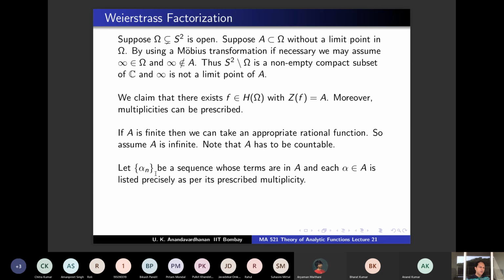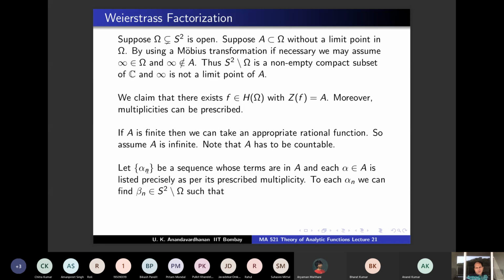So now we are going to take certain elementary factors so that the zeros will be precisely the alpha n's. That's enough, no? Because multiplicities are accounted for, since I'm repeating the alpha n's. So to each alpha n, we are going to construct a certain elementary factor. We will use E_p, but inside the bracket I should put proper things so that I get alpha n as the zeros.